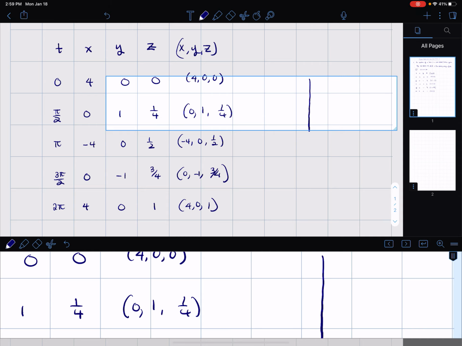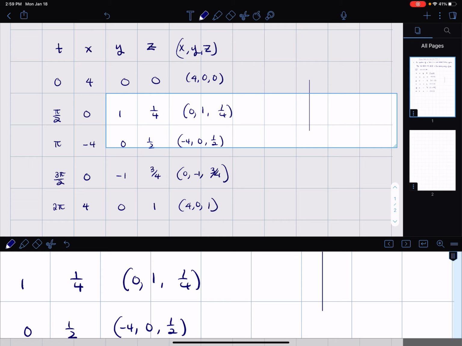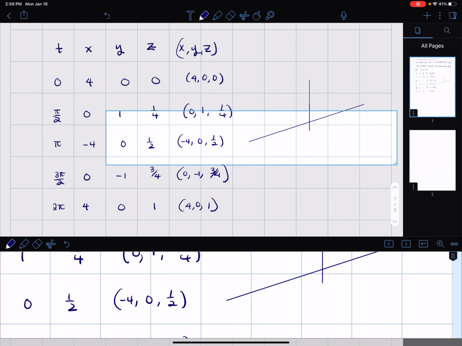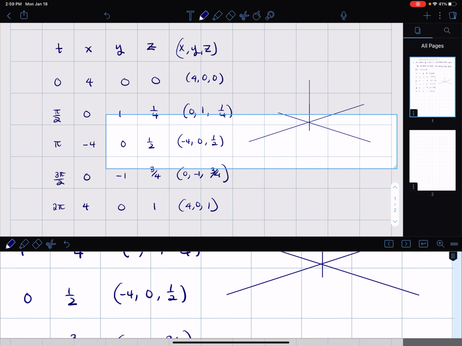All right, so I have the z-axis, and then the x-axis. No, I want it straighter. All right, x-axis, and then this can now be the y-axis. So this is y, this is x.